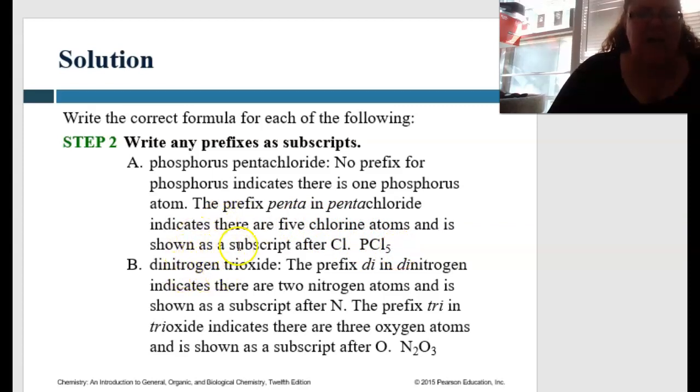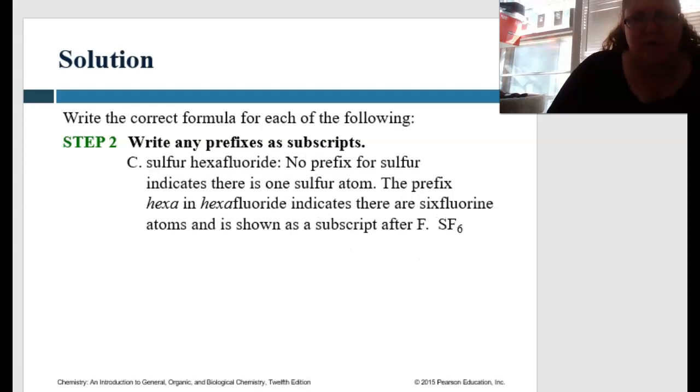Dinitrogen trioxide: di in dinitrogen gives us 2, and the tri in trioxide gives us 3, so that would be N2O3. For sulfur hexafluoride, there's no prefix for sulfur, so there's only one, and hexa in hexafluoride indicates 6 fluorine atoms, so we have SF6.